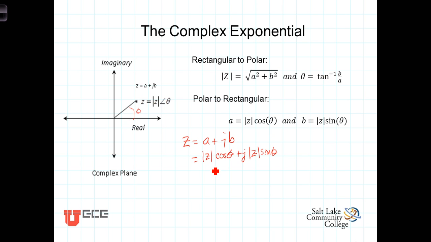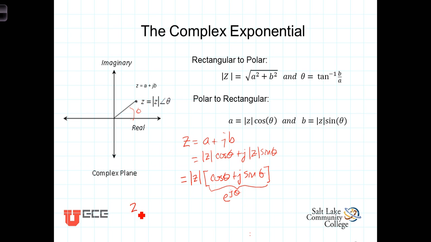Now let's factor out the magnitude of z, so this then is equal to the magnitude of z times the cosine of theta plus j sine of theta. Now we look at that in brackets, that cosine of theta plus j sine theta, and we recognize that from Euler's formula as being e to the j theta.